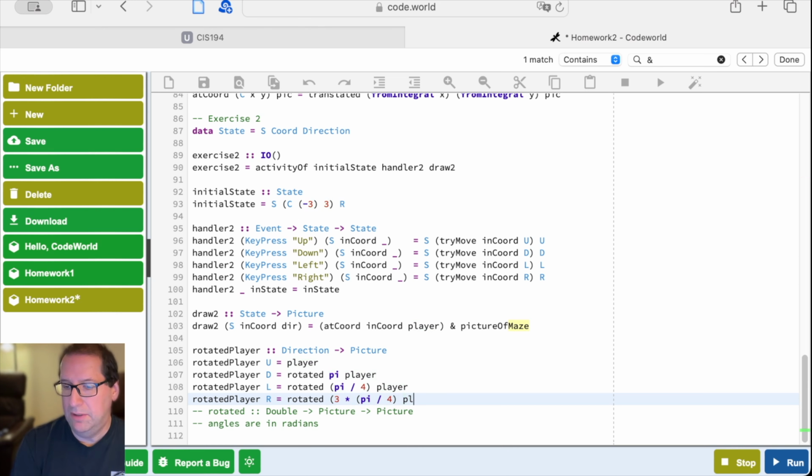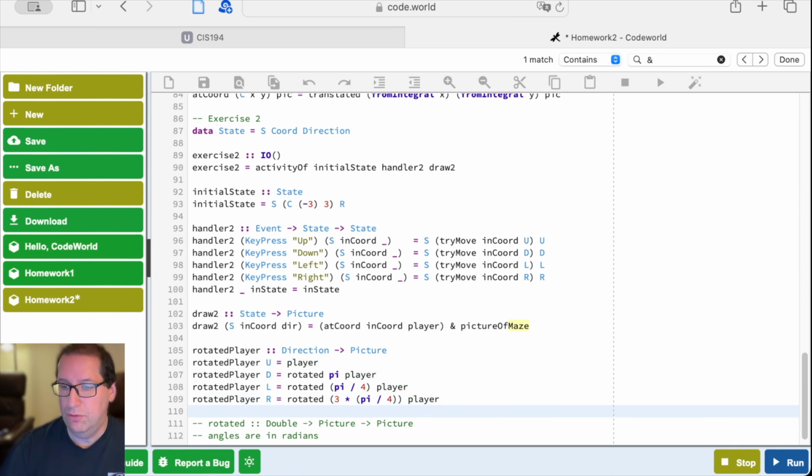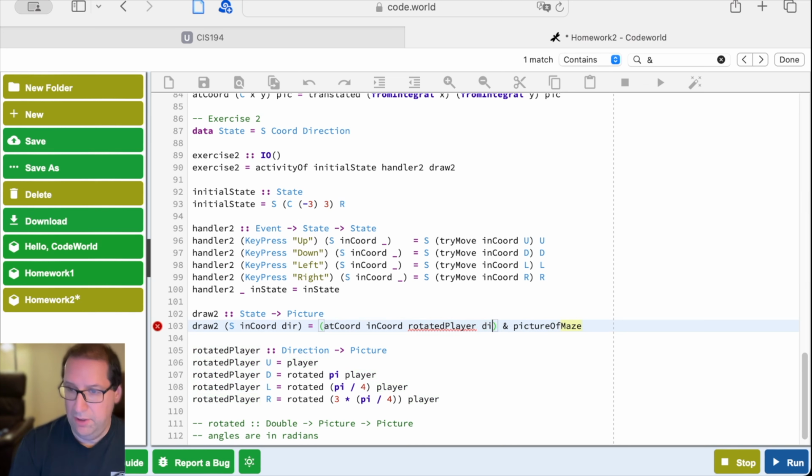This is going to end up being wrong, and I'm going to have embarrassed myself on high school level mathematics. All right, so now I think we just want to do this. Rotated player direction. In fact, I'm going to use my dollar signs here, just to avoid too many parentheses.